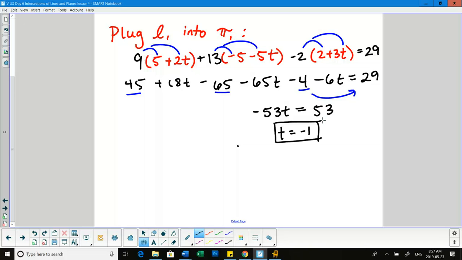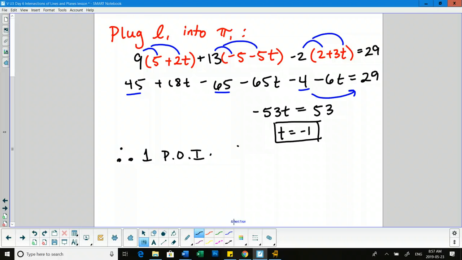Yeah, so I'll show you in a couple other examples some different things that you might approach. So therefore, we have one point of intersection. And any ideas as to, now that we have t, how we can find that point of intersection?